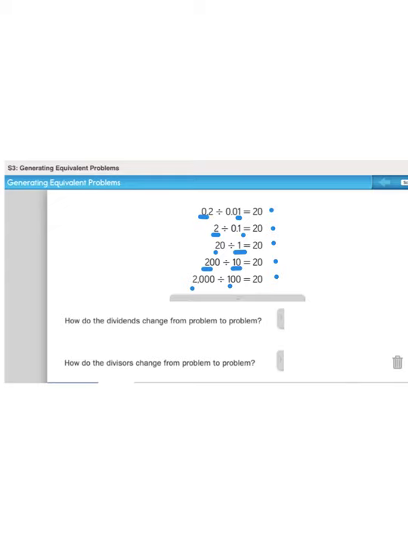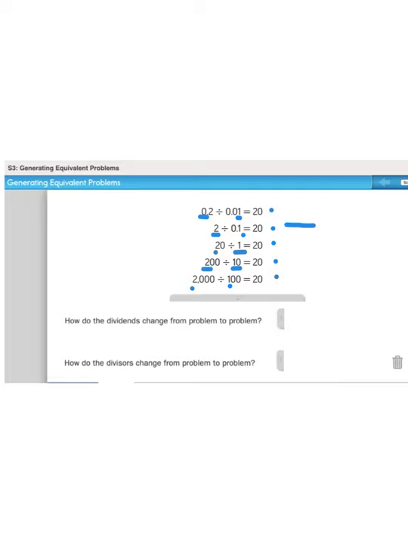Now you might be surprised that 20, the quotient for the first two problems, is greater than what we started with, the dividend. The reason this makes sense is because one way to interpret a division problem is to think, how many of the divisor are found in the dividend? For example, in our second problem right here, you could think of it like this.